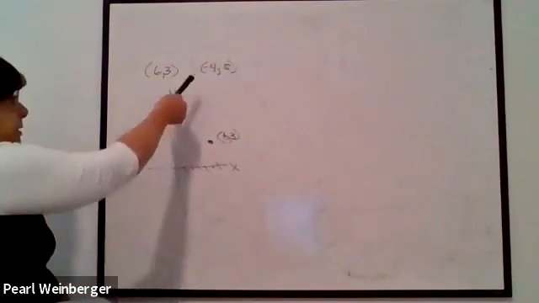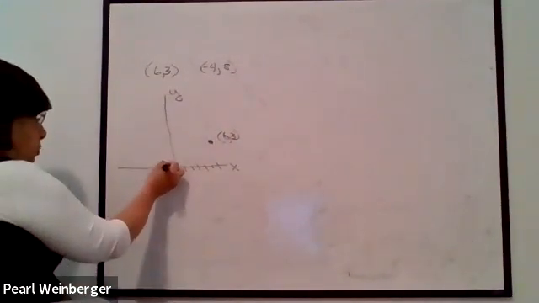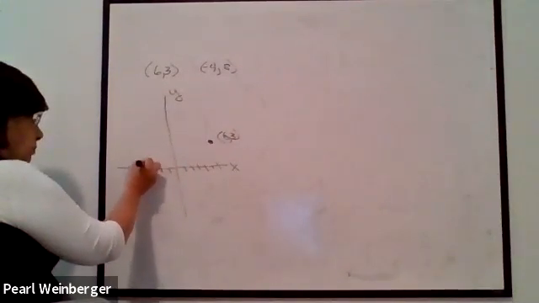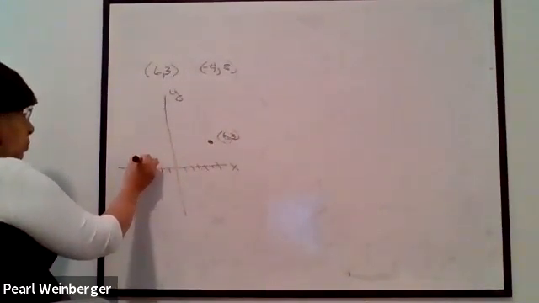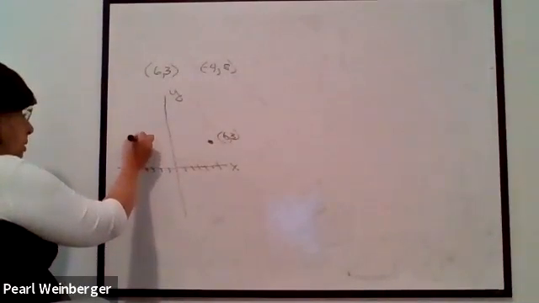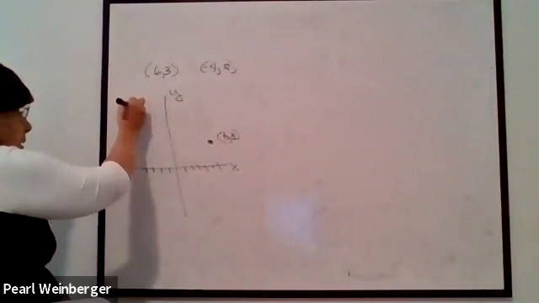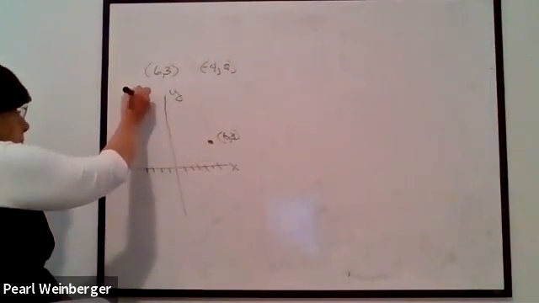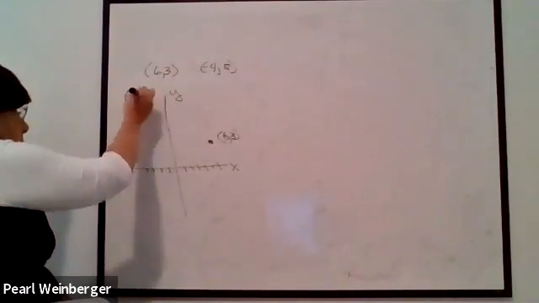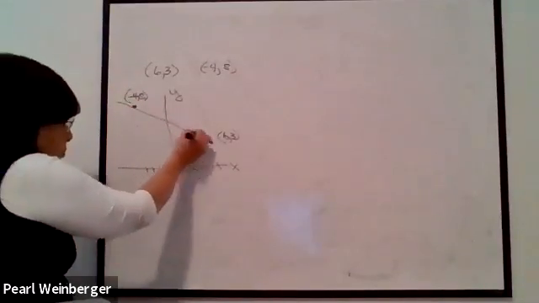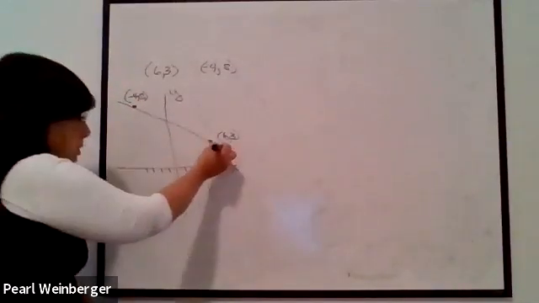The other point is negative 4, 8, which means go 4 to the left and 8 up. 1, 2, 3, 4, 5, 6, 7, 8. And if I connect these 2 points, I have a line.